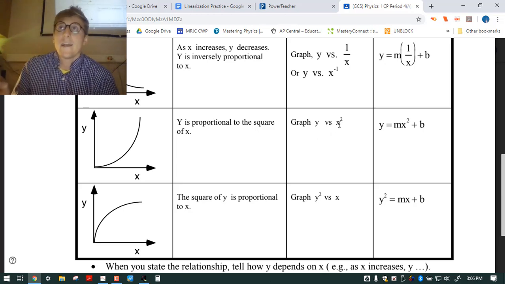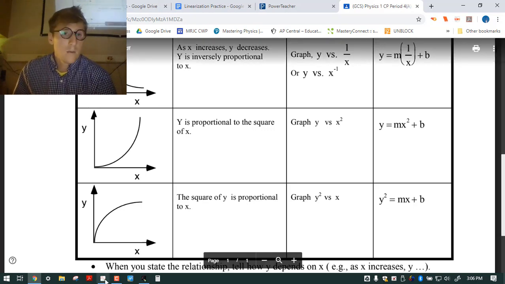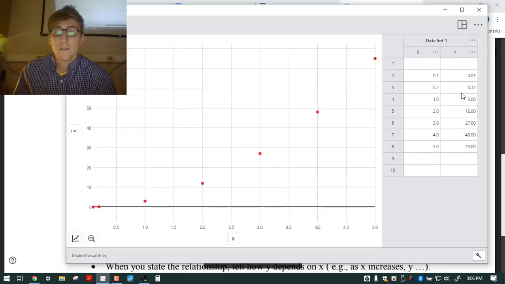By hand, for this lab, you're going to take all of your horizontal values and square them and put them in that big data table that has 8 columns. But here, we can just let the computer do it for us, because computers are great. We'll take the x values and square them.